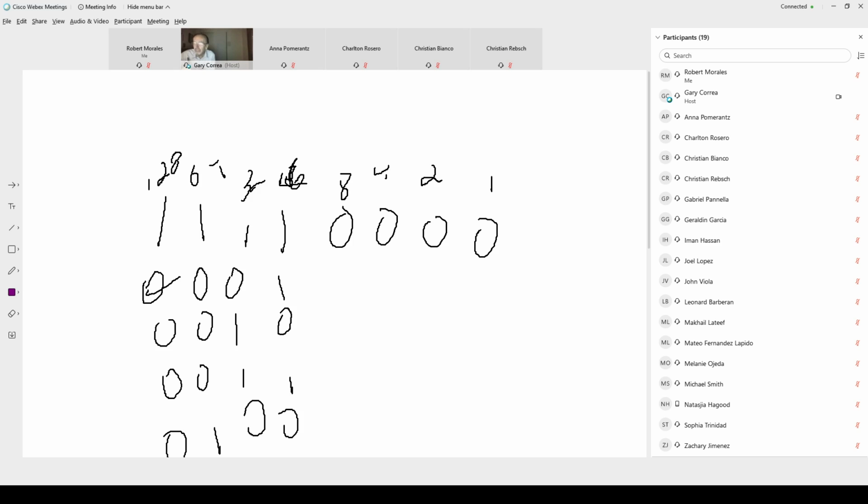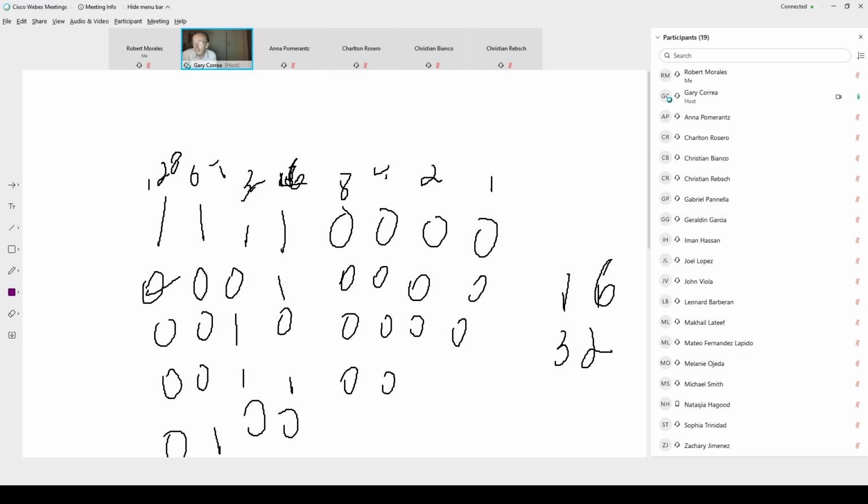That's a 16. Okay, so this number, if I put zeros in over here, and I hope I leave enough room, is 16. And this number, if I put zeros in over here, is 32. And this number, if I put zeros in, is 32 plus 16.